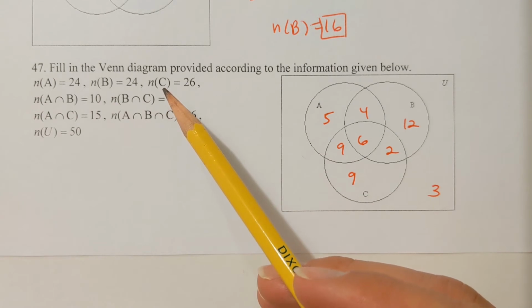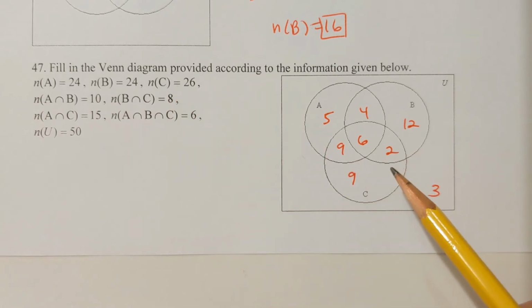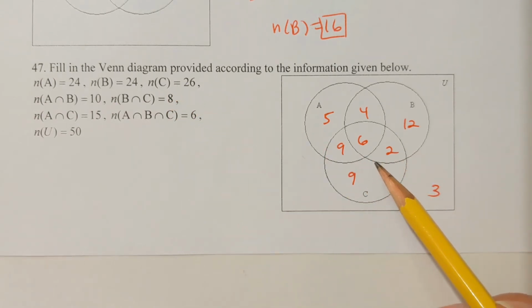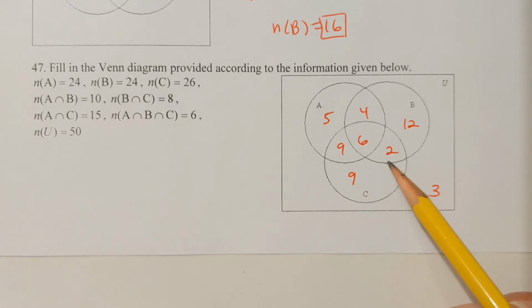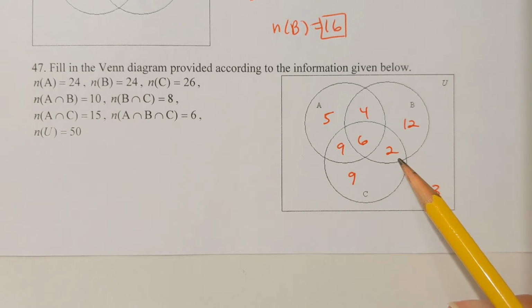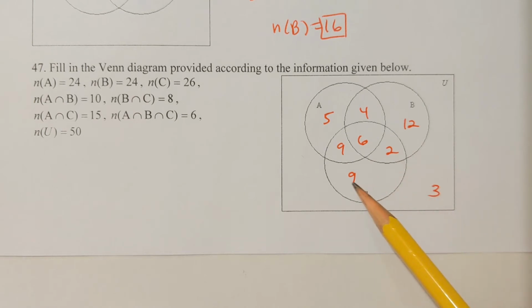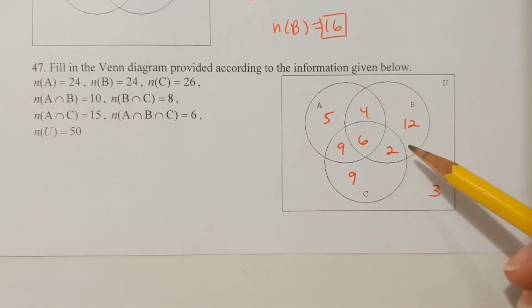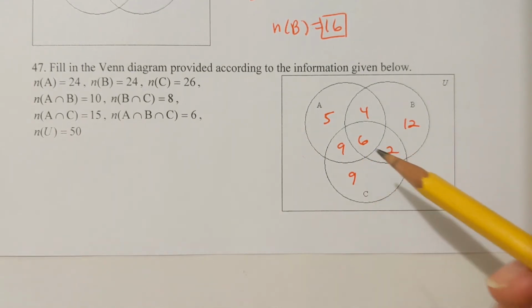Continue to work outward. The cardinality of C is 26. Well, I've already got, let's see, 17 things in C. So the other 9 things to give me 26 total would be outside of B or A.